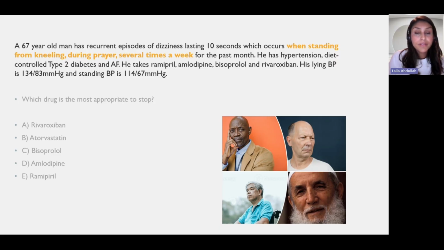So how can we include diversity in SBAs in an authentic way? This is that same example of the patient. And there's just been a very slight change to the words, to the context of how these symptoms of dizziness are occurring: when standing from kneeling during prayer several times a week for the past month.